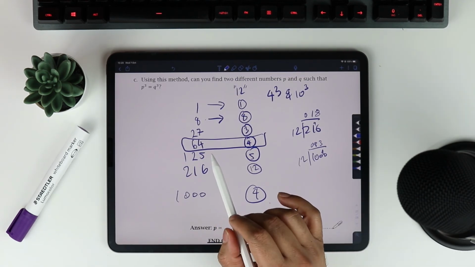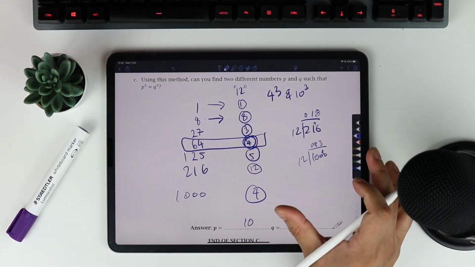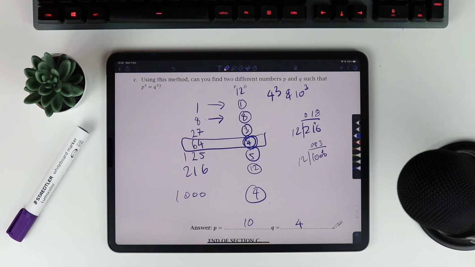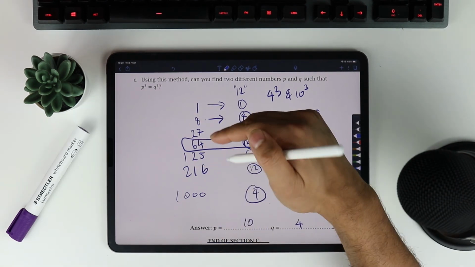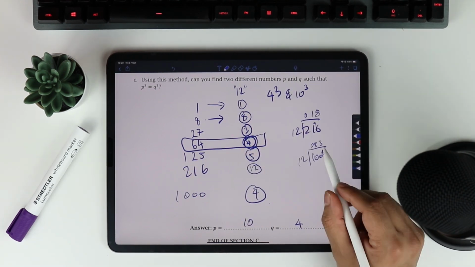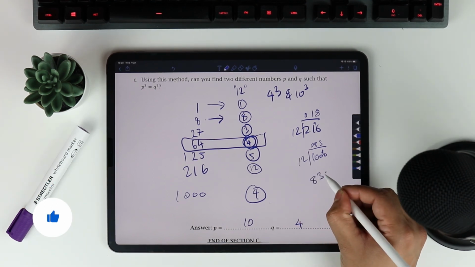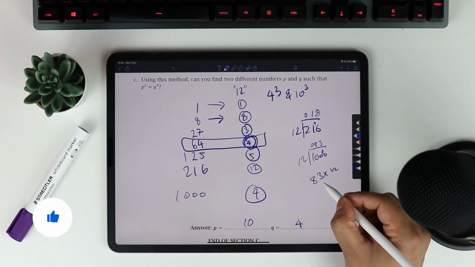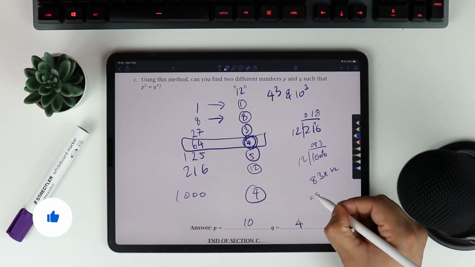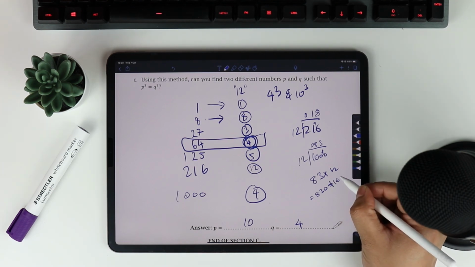So 4 cubed is 64. You'll have 4 on the clock, because after 60, which is 12 times 5, there's going to be 4 more, 64. And then you've got 1,000 here, which is basically going to be 83 12s. 83 times 12. 83 times 10 is 830. 83 times 2 is going to be 166.